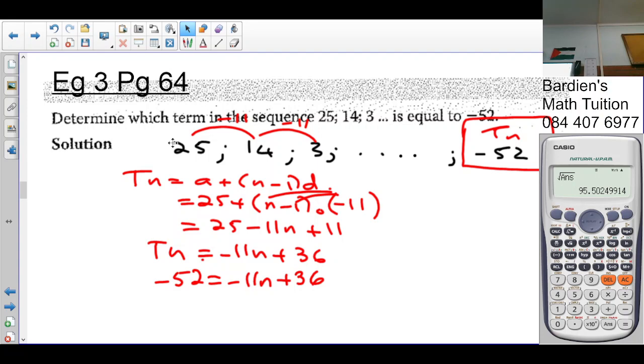How come you put it in front? You can put it.